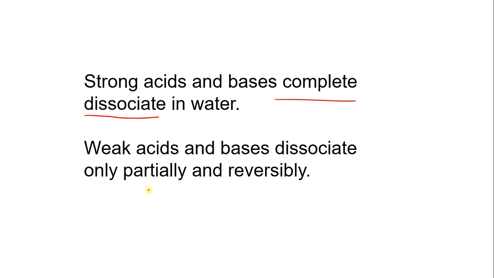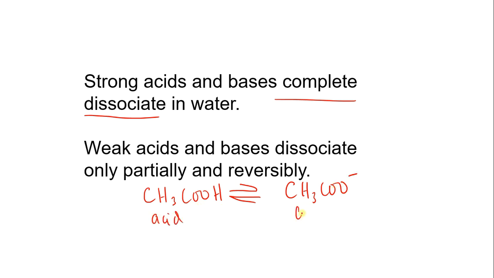An example of a weak acid is ethanoic acid, which dissociates, and normally we use the equilibrium symbol, giving CH3COO minus, which is called the conjugate base of the acid, plus the H+ proton ion. All of these are in aqueous conditions.